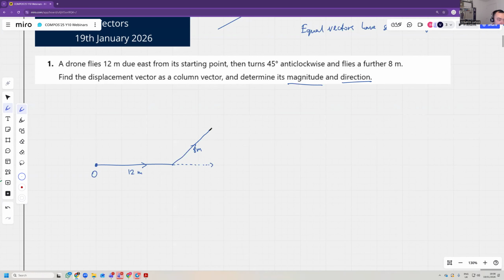So basically, the displacement is a vector connecting the start and finish.